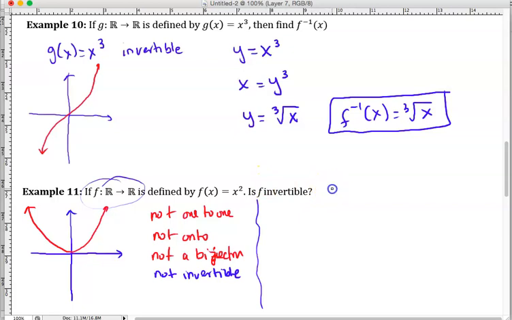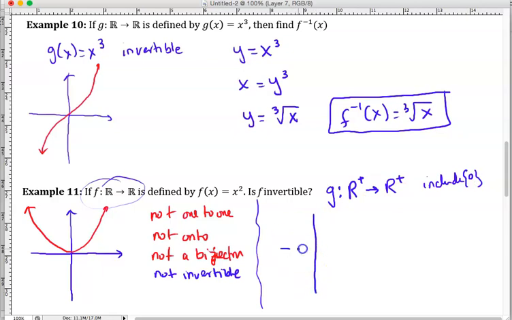Okay, so for example, if you define a function g that goes from positive reals, including 0, to positive reals, so include 0 also in there, okay.